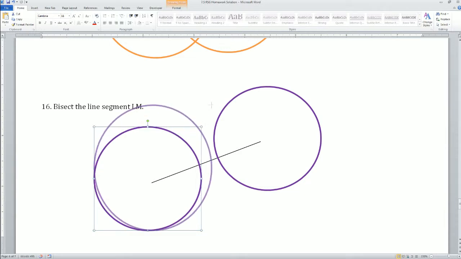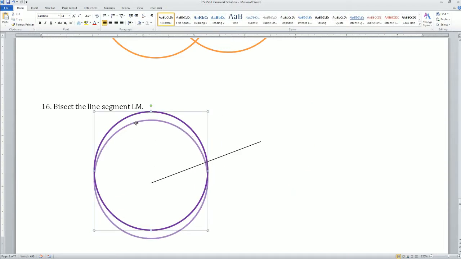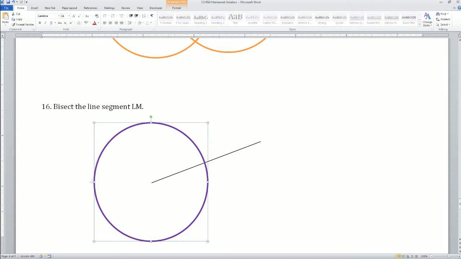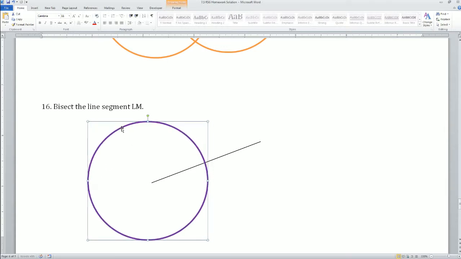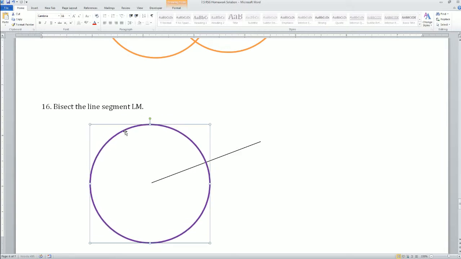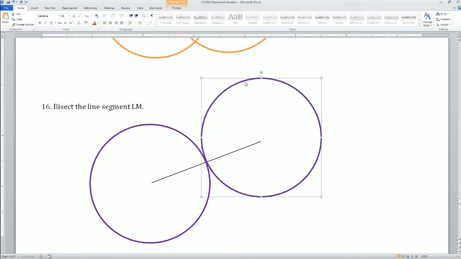Maybe we want to make the circle a little bit bigger. Yeah, perfect. Likewise, if we go from here, trying to center it as well.